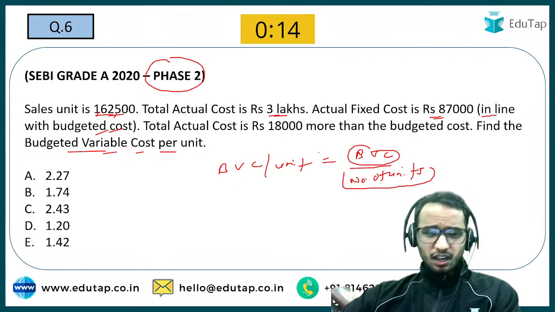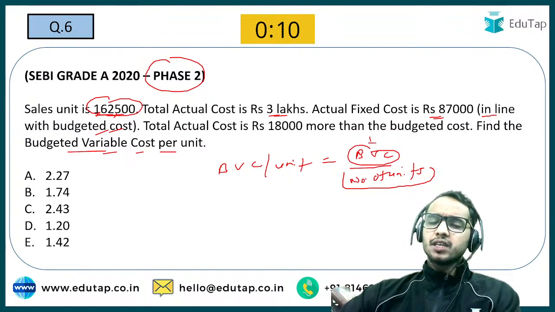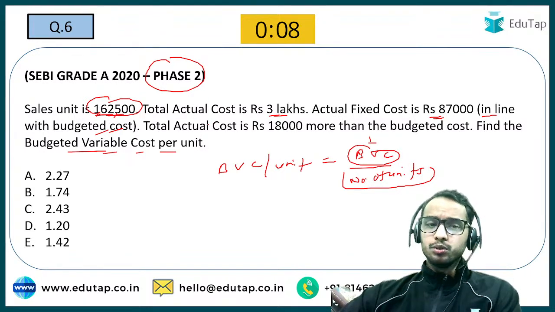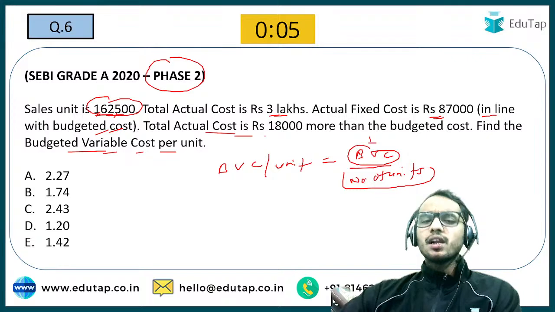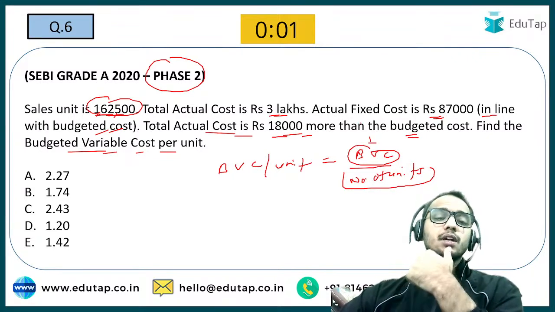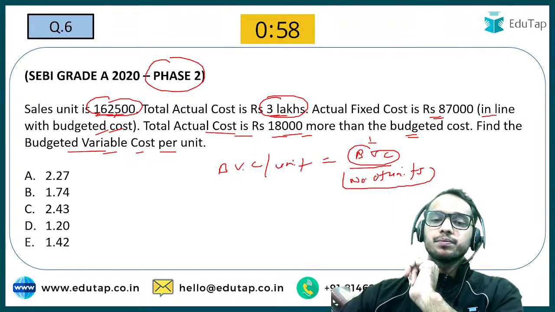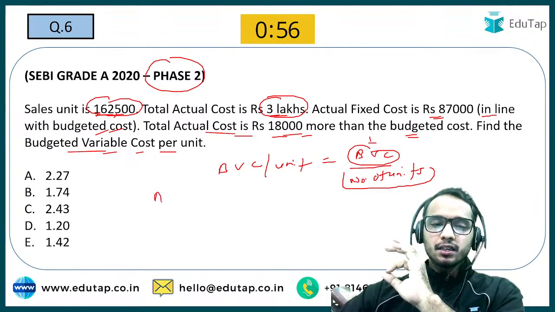Now number of units we have, see. Now try to find out budgeted variable cost and how you are going to do that. See, it is written here that total actual cost is 18,000 more than the budgeted cost, and total actual cost is also given to you as 3 lakh rupees. So that means actual cost is 3 lakh.